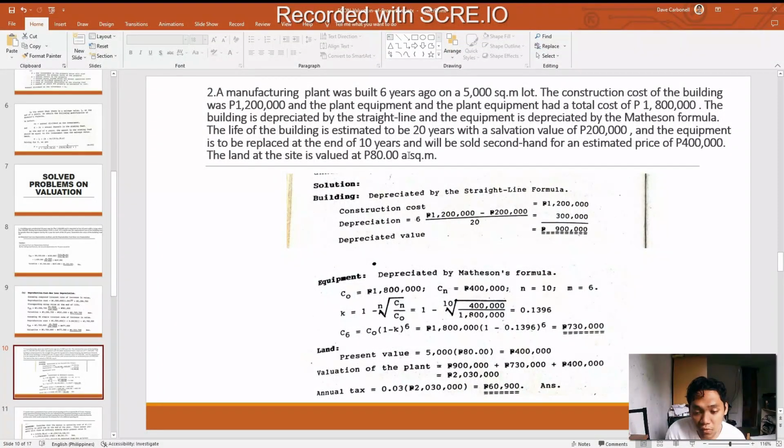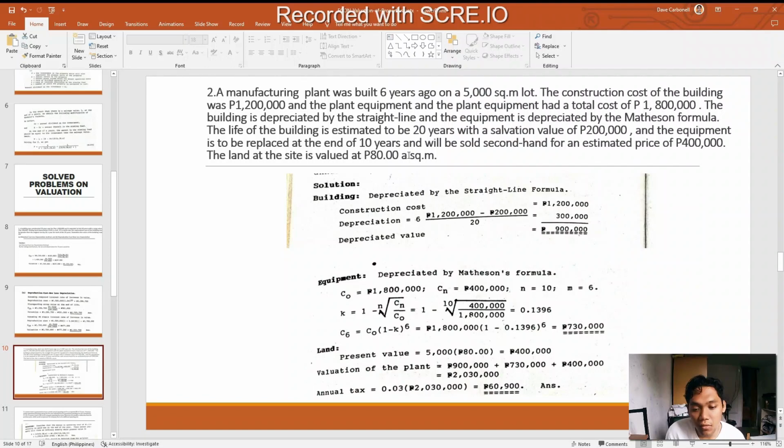So the total valuation of the plant is equal to the depreciated value of the building, the depreciated value of the equipment, and the total present value of the land, which equals 2,030,000 pesos. So, calculating the annual tax, which is 3% per year.